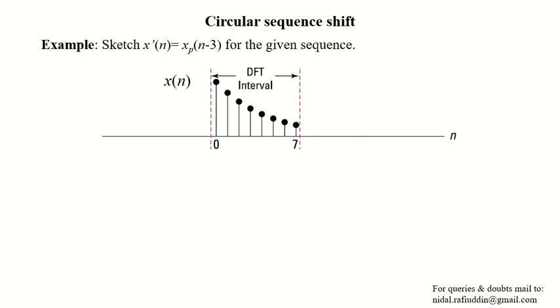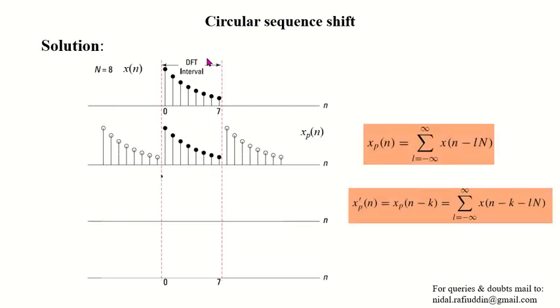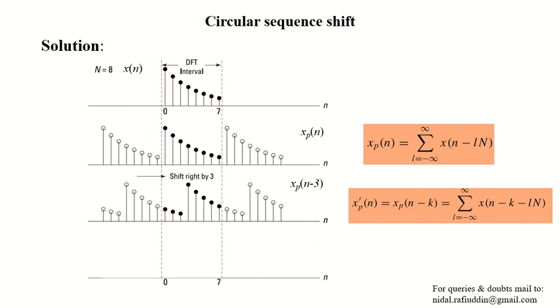Here the value of small k is 3, which means that xpn will be shifted 3 steps ahead towards the right. Now if we plot the sequence shifted by 3 steps, what we get is this sequence, which is xpn minus 3.